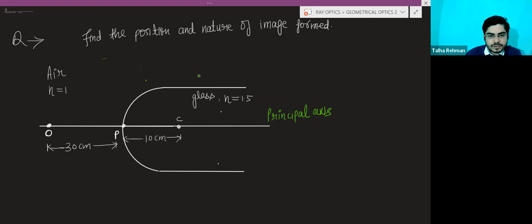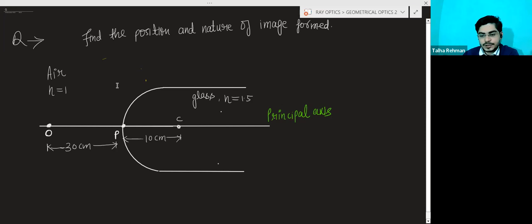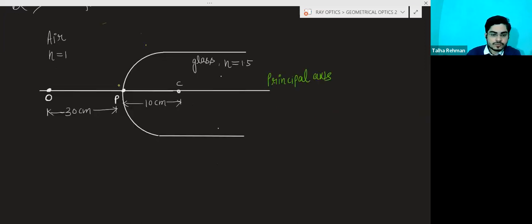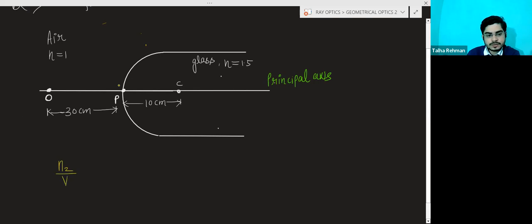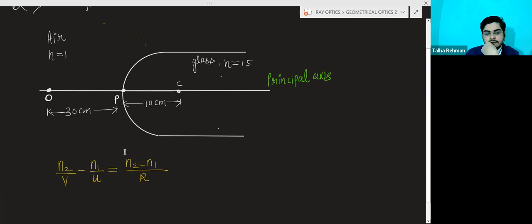We have the formula for refraction from spherical surfaces: n2 by v minus n1 by u is equal to n2 minus n1 by r.